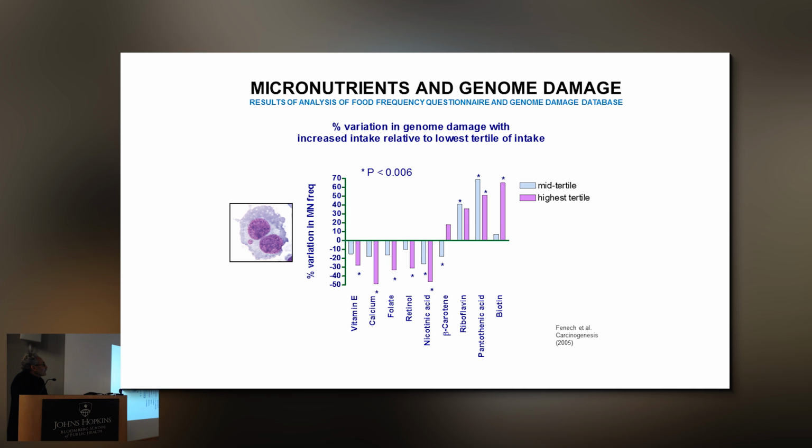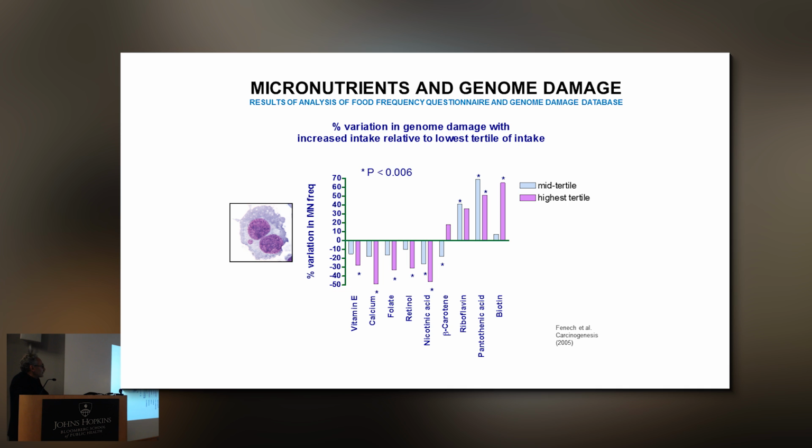And what we did was we then analyzed the data to identify which micronutrients from food were associated with reduced damage in the highest and medium tertile of intake relative to the lowest tertile. So what you are seeing, this green line is the lowest tertile reference point, and the gray and the purple lines are the medium and higher tertile.